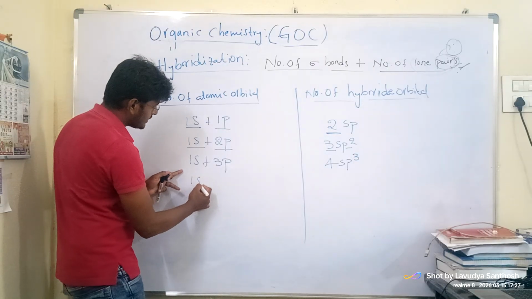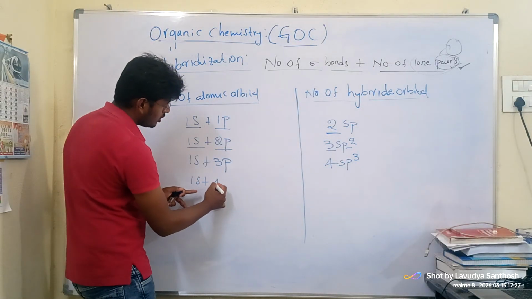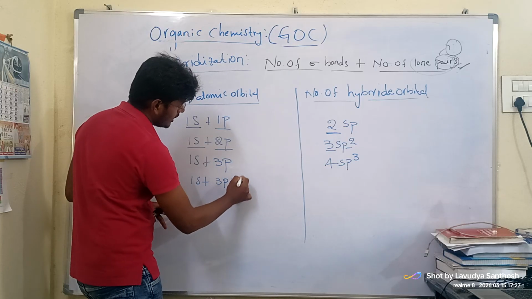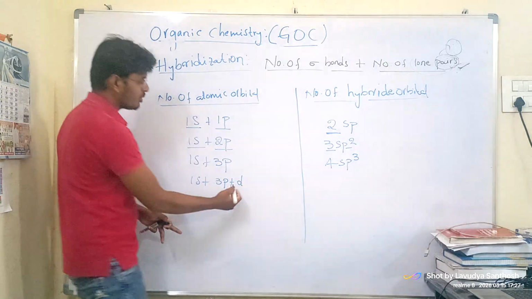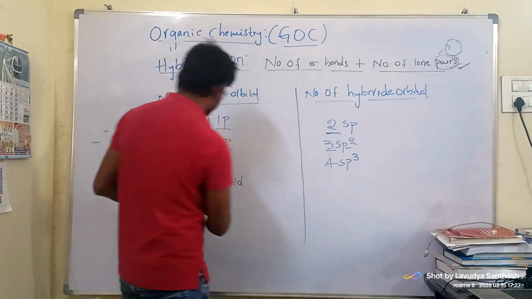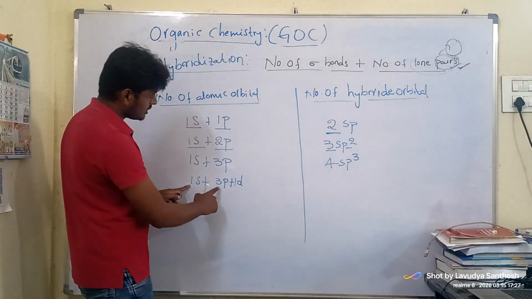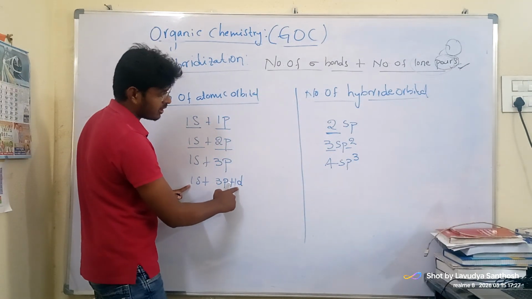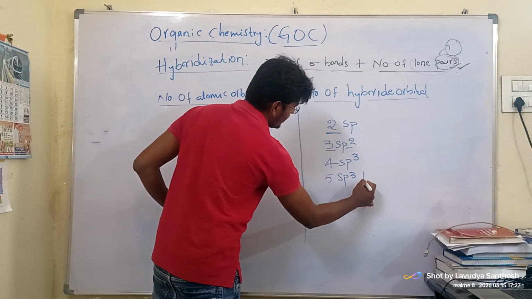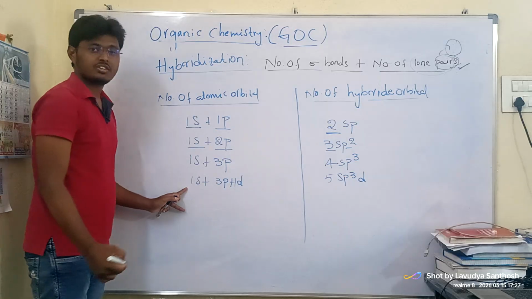Next, 1s plus 3p plus d. You can write 1d also, no problem with that. Now you see, 1 plus 3 is 4, plus 1 is 5, so 5 sp3d.